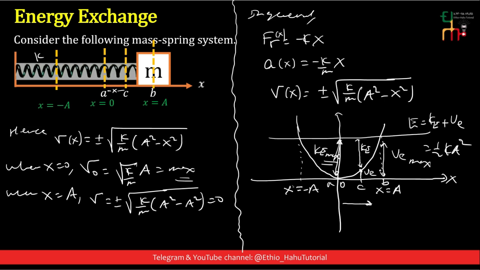At the highest point of oscillation, the particle has maximum elastic potential energy. But in between, the particle has both kinetic energy and potential energy. And the sum of this elastic potential energy and kinetic energy is equal to total energy.